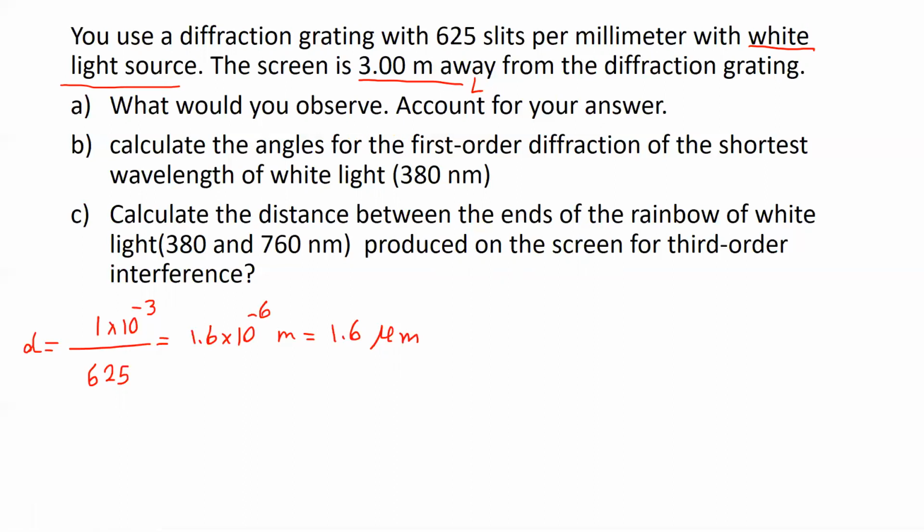As you know, a diffraction grating can separate different wavelengths with high resolution. All wavelengths have constructive interference at the center. So at the center of the screen, all different colors or wavelengths have constructive interference, which means the central maxima is white.